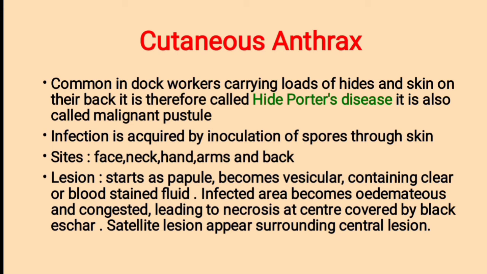Papule means a small pimple or swelling on the skin, often forming a rash. Vesicle means a small fluid-filled sac. Congested means full of blood. Black eschar means dead tissue that eventually sloughs off, exposing healthy skin.